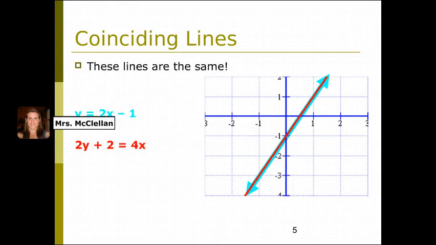Okay, so in this example, what we're going to do is graph the first line. As you can see, the first line is in blue, and it's already in slope-intercept form, so it's easy to graph. However, our second equation is not in slope-intercept form, so we need to do that first. If we're solving for y, we need to subtract 2 from both sides.